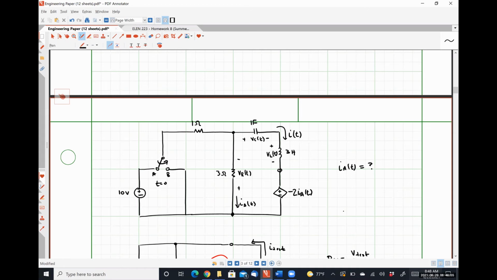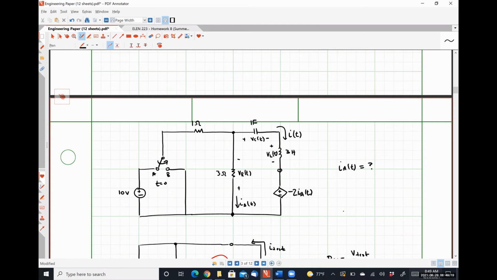Because our methodology that we've developed is for solving specifically for capacitor voltage, capacitor current, inductor voltage, inductor current. So we're going to have to solve for one or more of those quantities and then use those known values and our basic circuit analysis techniques like KVL, KCL, etc., to figure out what IA is.